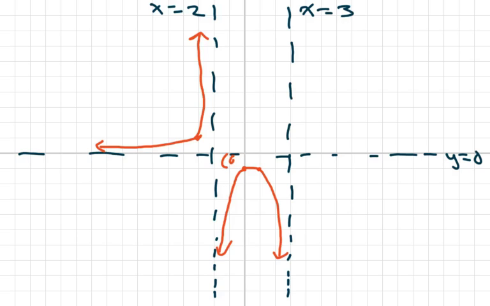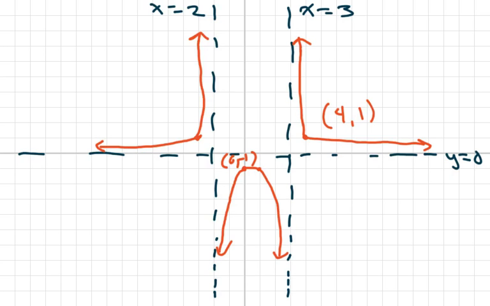This was (0, -1). My other point I picked was (4, 1), and this was above the x-axis. There's no symmetry to the y-axis. There's no symmetry to the origin.